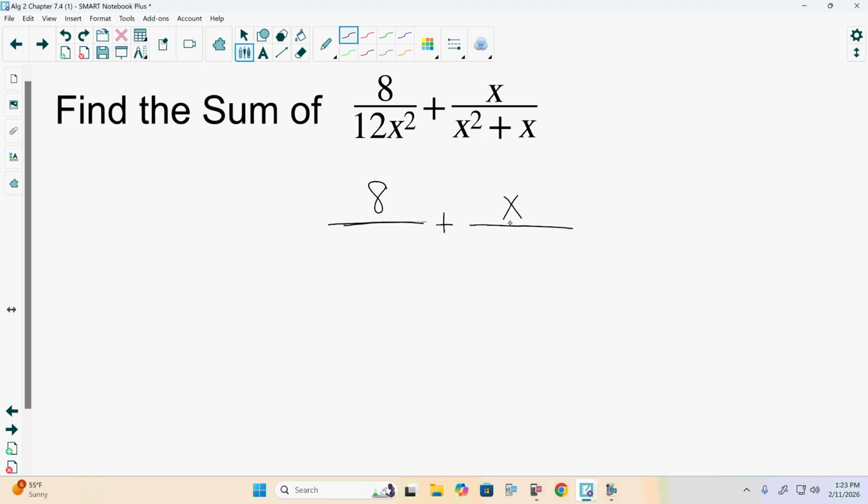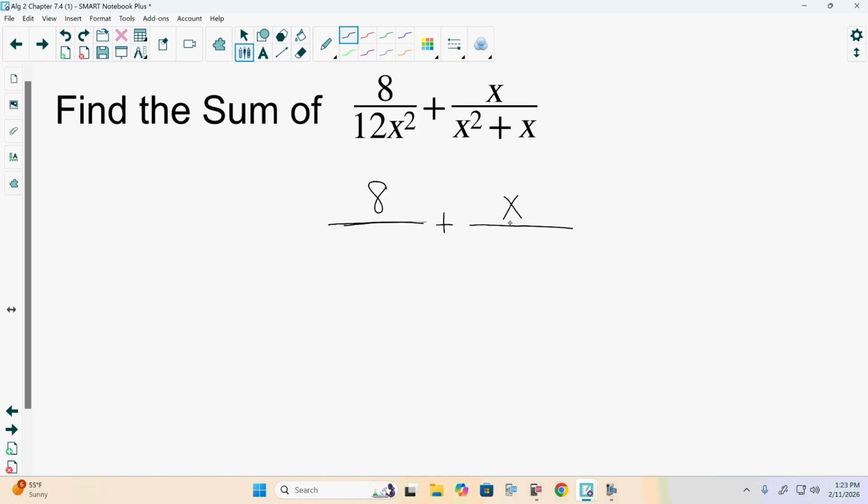8 over 12x squared plus x over x squared plus x. We need to factor the denominators as far as possible. Now, there is a greatest common factor between 8 and 12, and we could simplify that, and it would work out for this here. And I would do that as long as I know that whatever I'm simplifying out doesn't need to be added back in so that the denominators are the same.